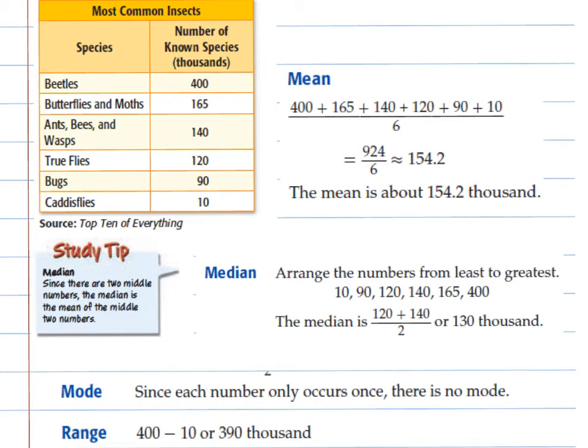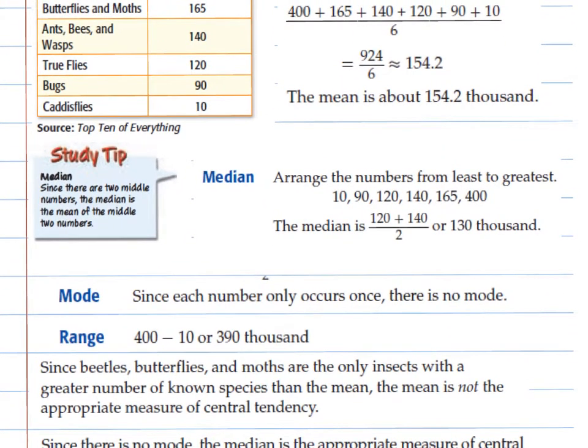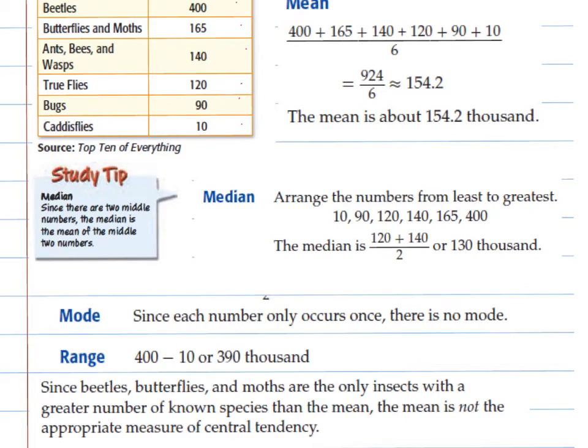Again, since there's two middle numbers, we have to add them and divide by 2. The mode, since each number occurs only once, there is no mode. None of these numbers repeat, so there's no number that shows up the most often. They each show up once. The range then is our largest of 400 minus 10 for 390,000.